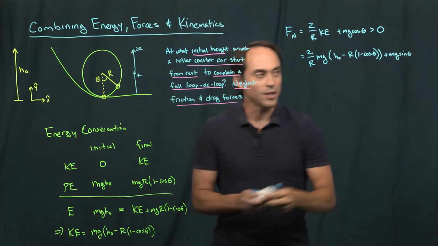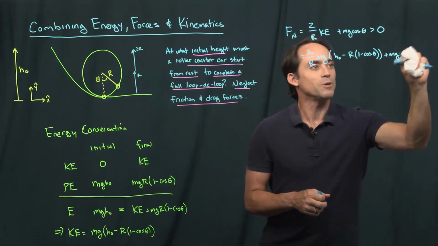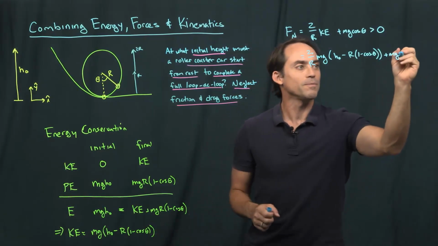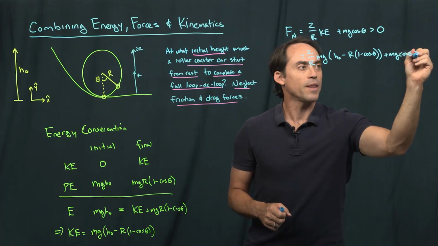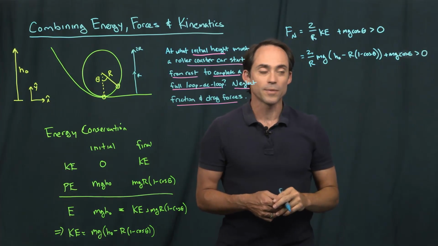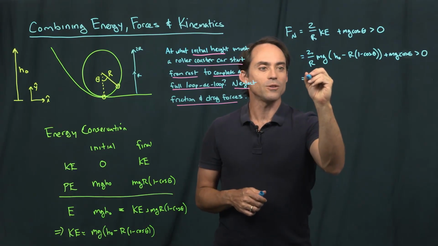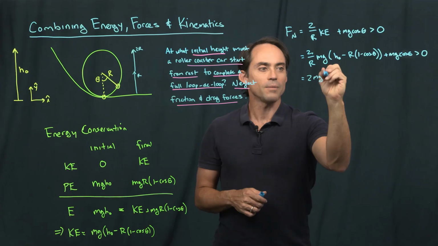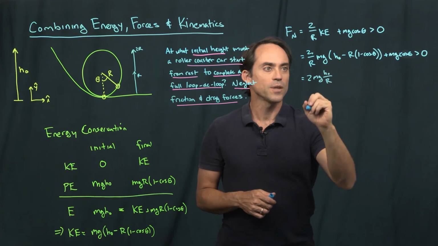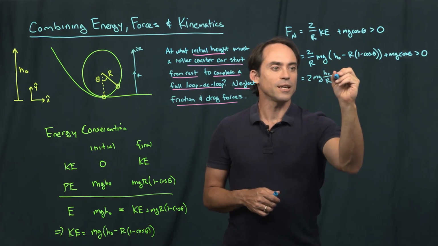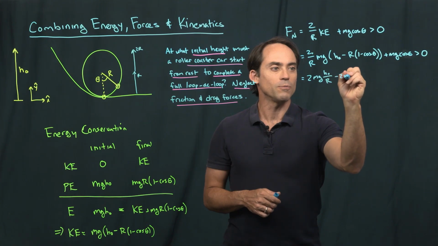Sorry, that is an mg cosine theta. It's important to make sure we use the same trigonometric functions here. Right? And that's got to be greater than 0. Well, let's just carry through our terms here. We've got a 2mg times h naught over r. We've got the r's canceling here, so that's just minus 2mg.